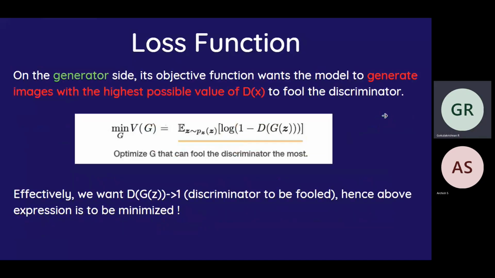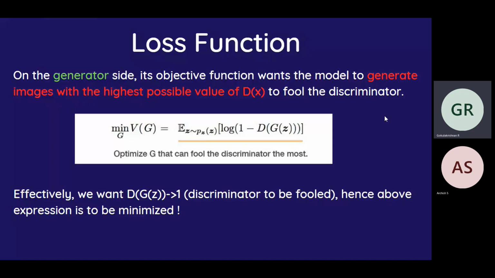And the loss function for the generator is fairly simple. For the generator, you want the fake image that it generates to be identified as real by the discriminator. So D(G(z)) should be 1. G(z) is a fake image, and the G here says you're doing this with respect to the generator.